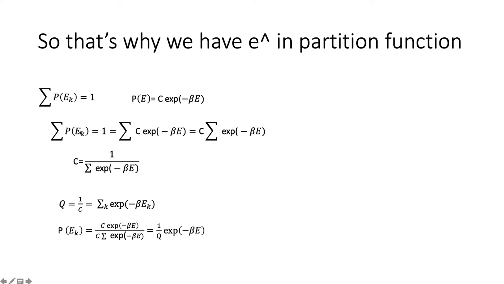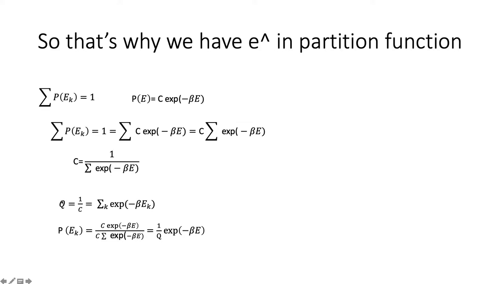So we can set it up: the sum of them equals 1, which equals the sum of C times exponential negative beta E. We take the constant out and it becomes C times the sum of exp negative beta E. If we move the sum to the left-hand side, so make a 1 over that, we get this equation.